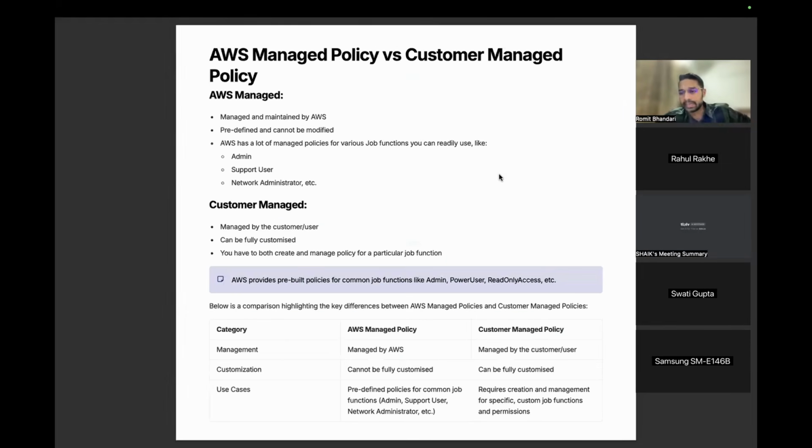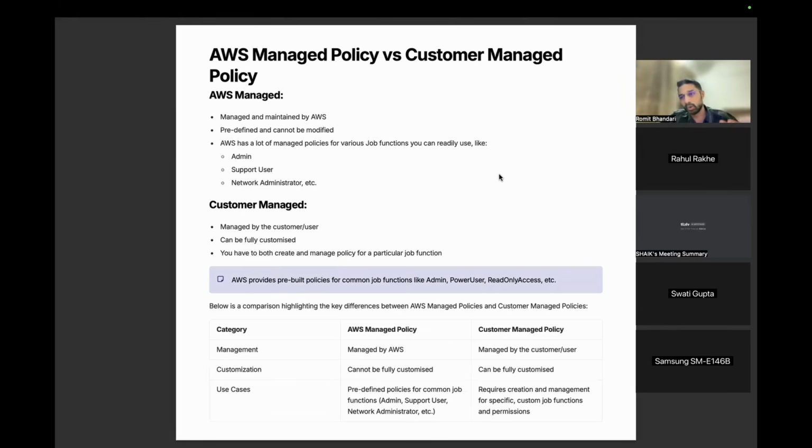Okay, let's discuss the different policies which could be associated. One is an AWS managed policy versus a customer managed policy. Now, as the name suggests, in this kind of policy, you will have this maintained and managed by AWS. There are a lot of AWS managed policies already available for some popular tasks, which generally keep on happening for all accounts.